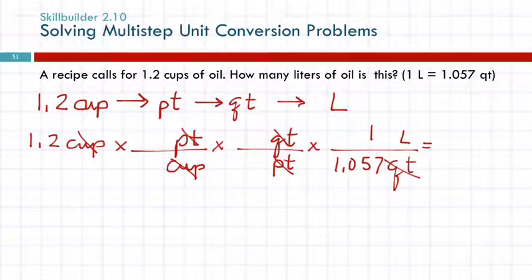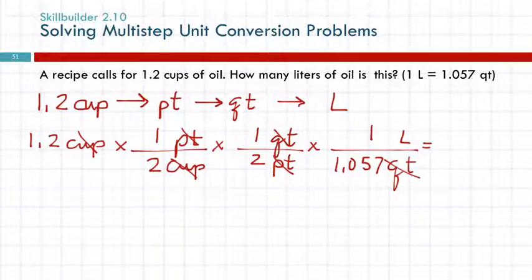Some people need to, some people don't. So here, pint and cup. This one I have in my head. I know that 1 pint is 2 cups. And I know that 1 quart is 2 pints. Now, some of you might remember that 1 quart is 4 cups, and you could combine those, but this is how we're doing it.